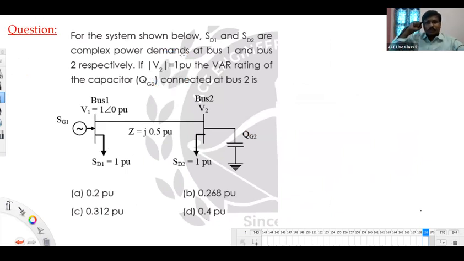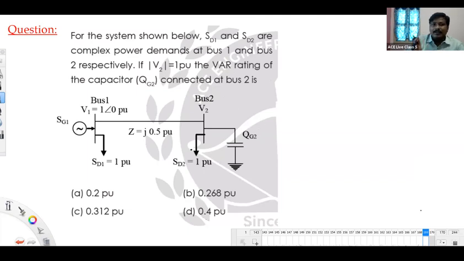For the system shown below, SD1 and SD2 are complex power demands at bus 1 and bus 2 respectively. Bus 1 complex power demand is 1 per unit. Bus 2 complex power demand is also 1 per unit. If mod V2 is equal to 1 per unit, find the VAR rating of the capacitor QG2 connected at bus 2.